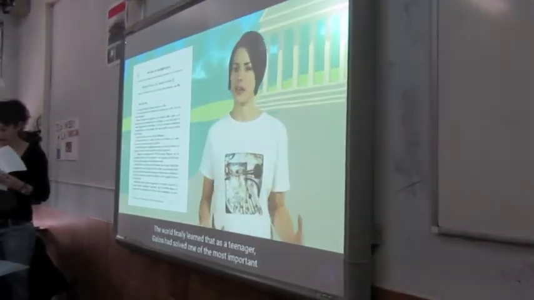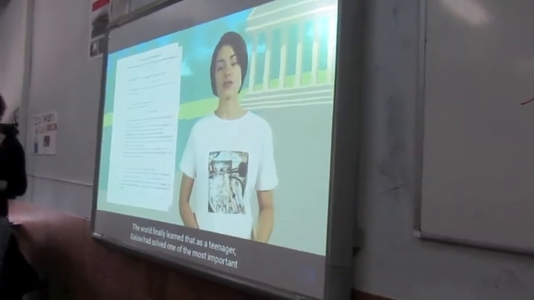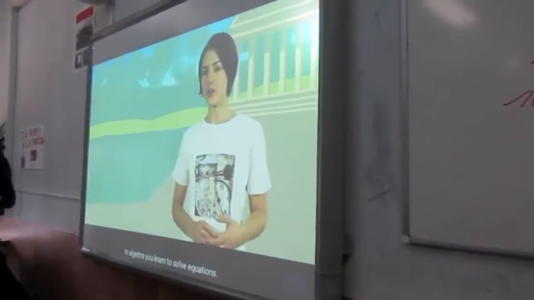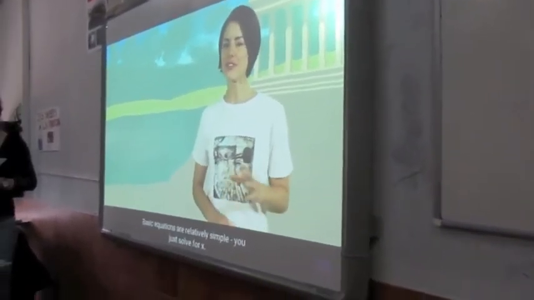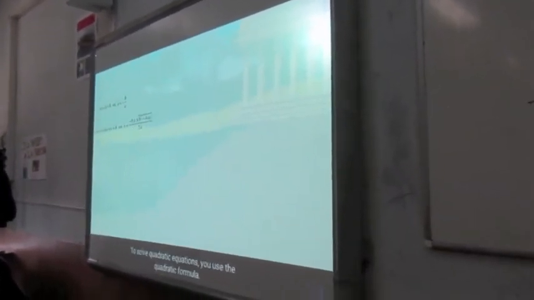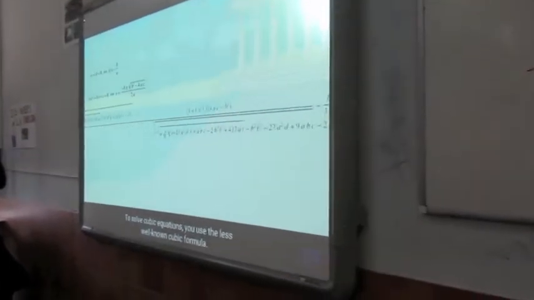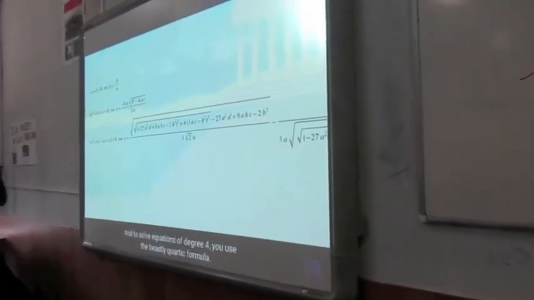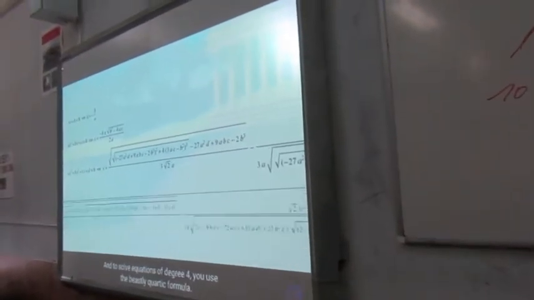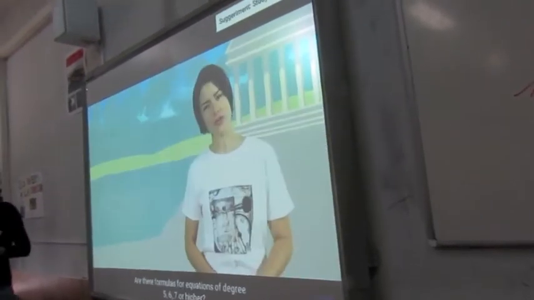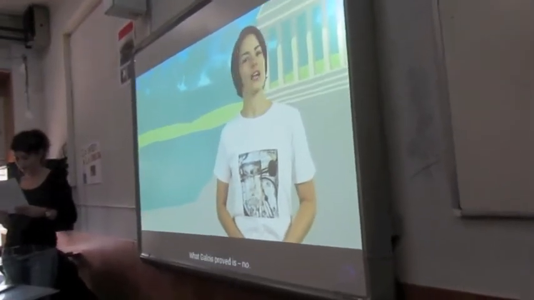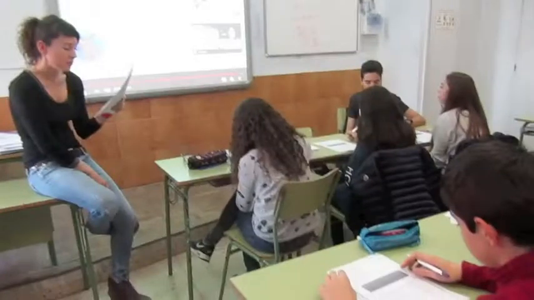The world finally learned that as a teenager, Galois had solved one of the most important problems in algebra. In algebra, you learn to solve equations. Basic equations are relatively simple. You just solve for x. To solve quadratic equations, you use the quadratic formula. To solve cubic equations, you use the less well-known cubic formula. And to solve equations of degree 4, you use the beastly quartic formula. Does this pattern continue? Are there formulas for equations of degrees 5, 6, 7, or higher? What Galois proved is no. There are general formulas for the meaning.